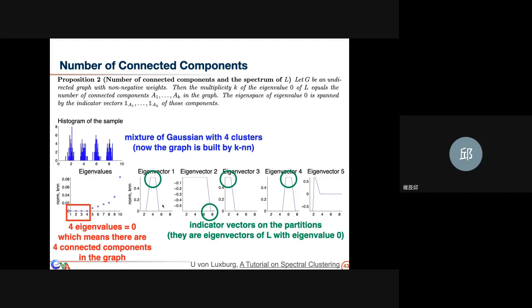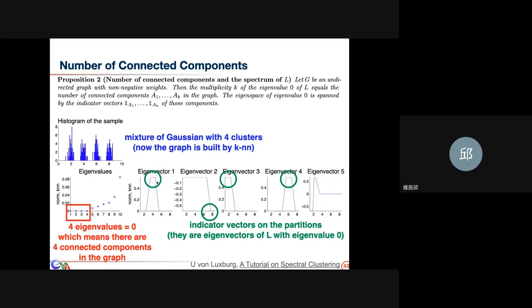And again, for other data points whose values are around 6 or 8, their corresponding element in the first eigenvector will be equal to 0.